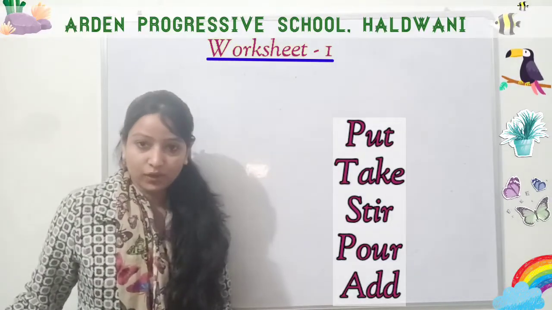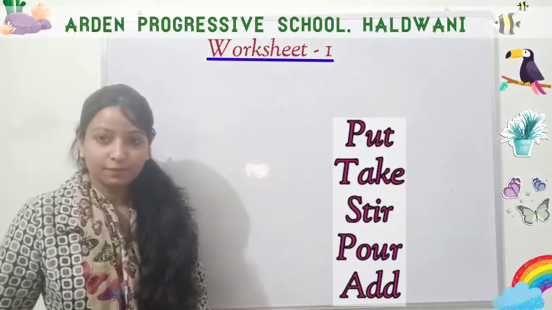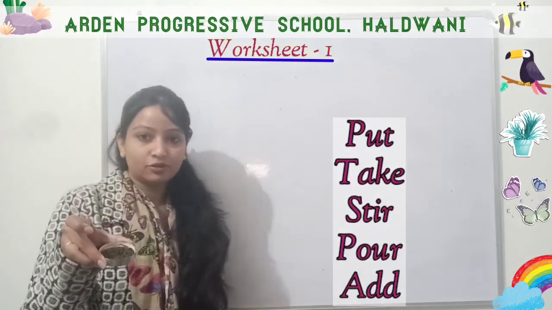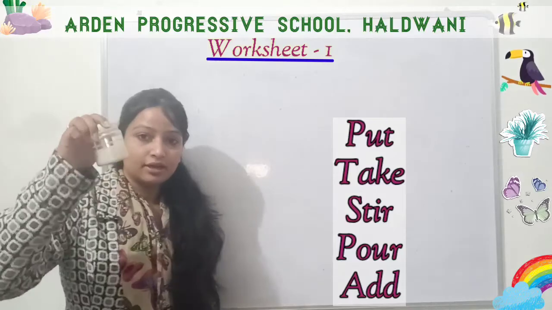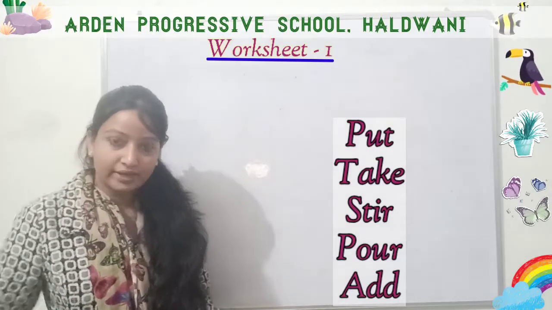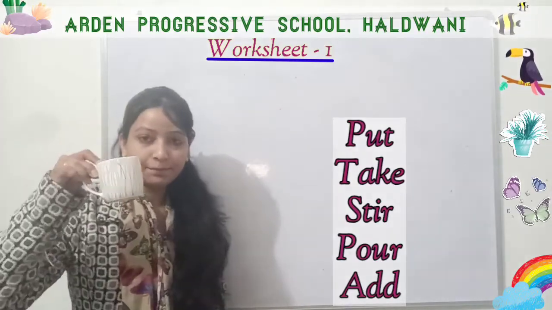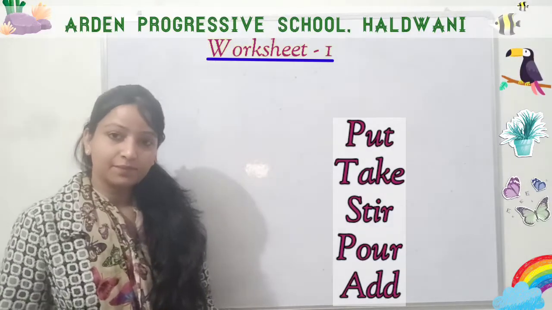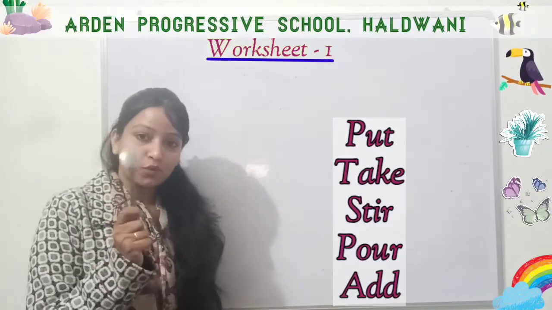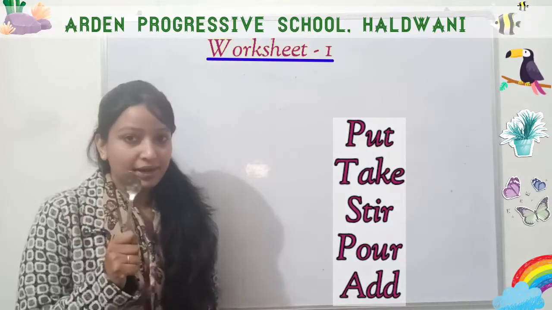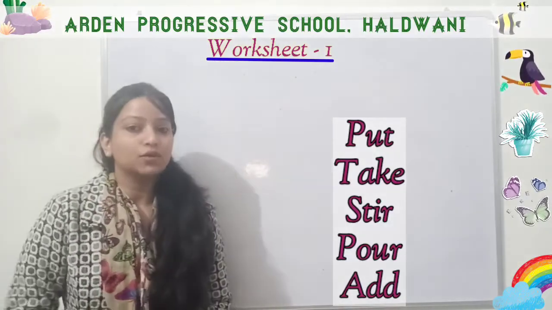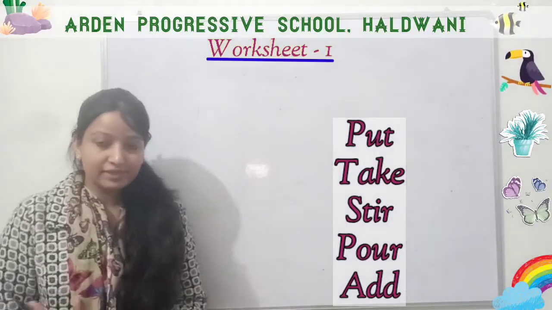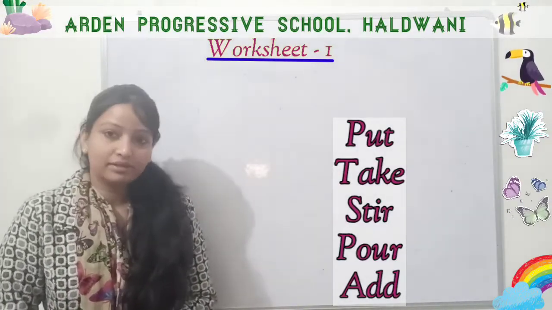We need tea leaves. We need sugar. We need a cup. We need a spoon, for the measurement. So with the help of these things we will make tea.